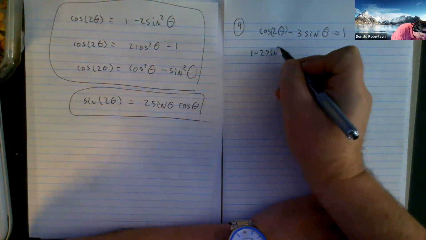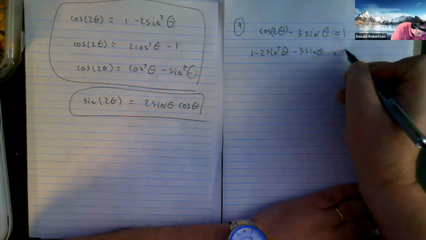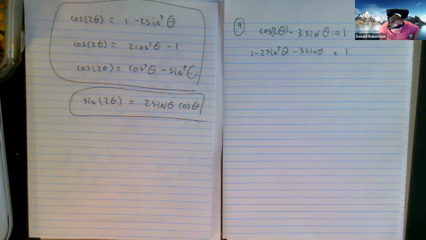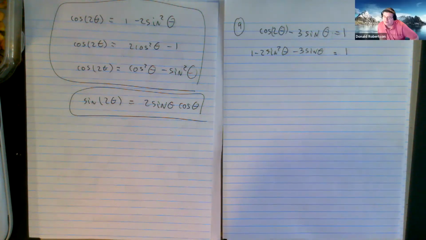Why? Because it turns everything into sines. Yes. When you've got an equation, isn't it just easier if everybody's the same thing? So everybody is a sine or everybody is a cosine.